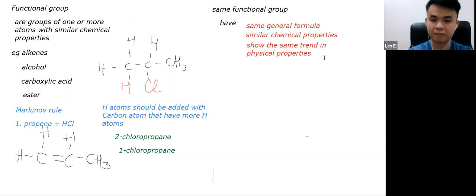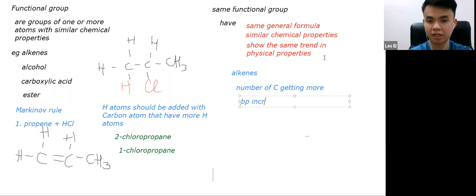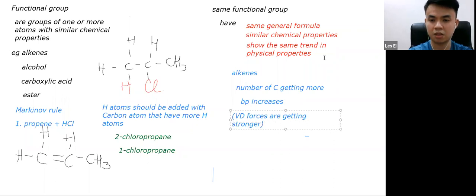For example, if I talk about alkenes, if the number of C is getting more, the boiling point increases. Why? Because the van der Waals forces are getting stronger. So it will apply to all of the alkenes.